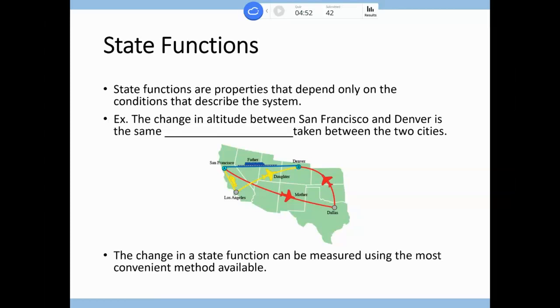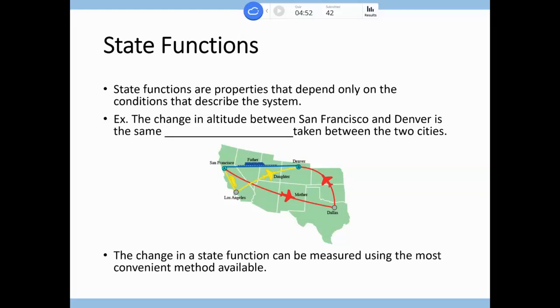Okay, so they all took 3 different paths to get from San Francisco to Denver. No matter what the paths are, the statement here is that the change in altitude between San Francisco and Denver is the same no matter what path you took. So that change in altitude is a state function. The change in the state function can be measured using the most convenient method.